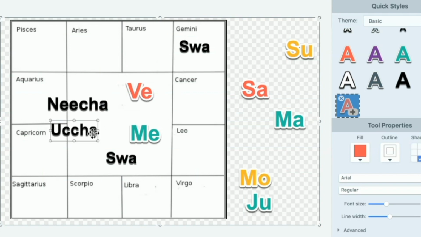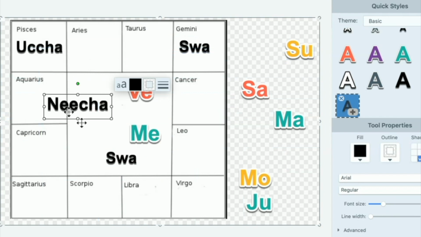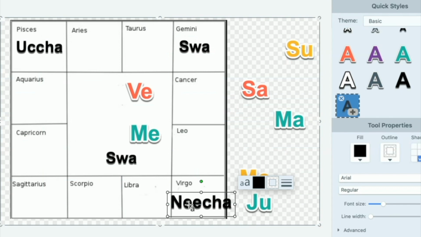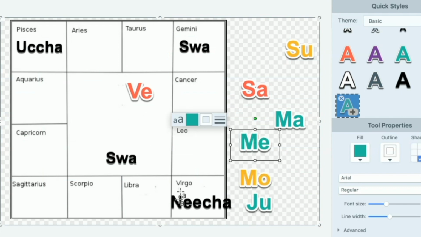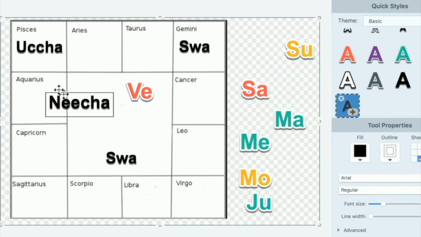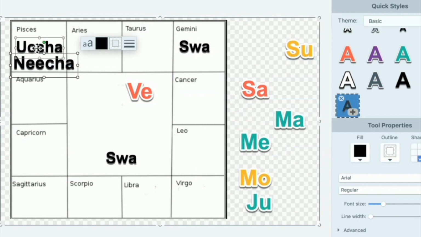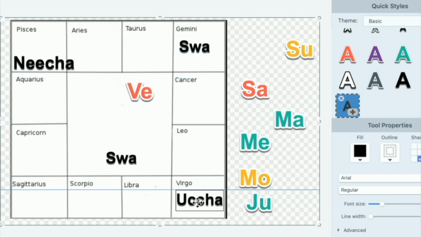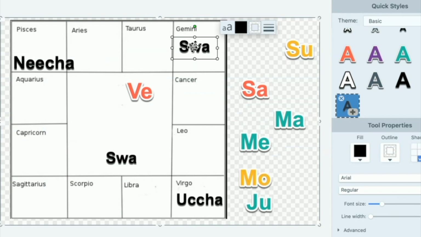So again, Venus is exalted in Pisces and debilitated in Virgo. And Mercury is the opposite. Mercury is debilitated in Pisces and exalted in Virgo. So do you think you'll remember that, Yotsna?